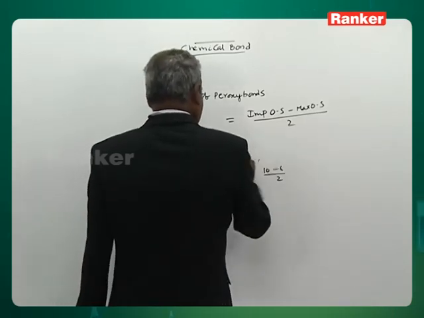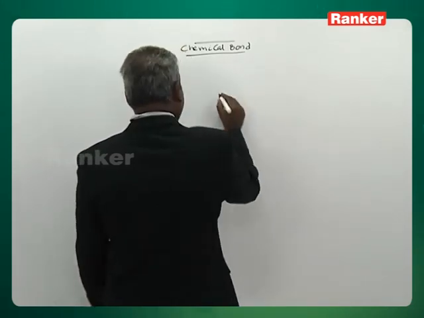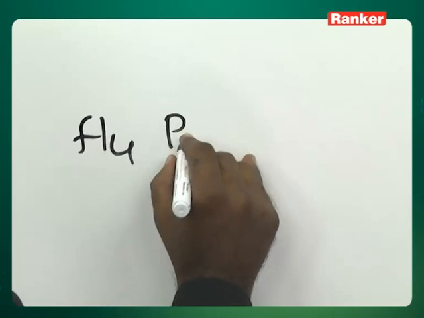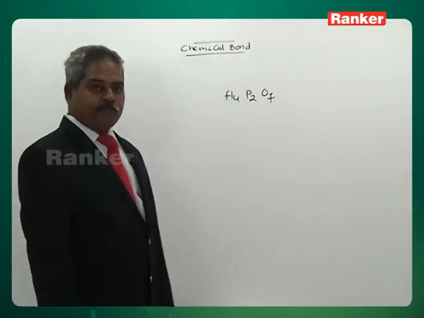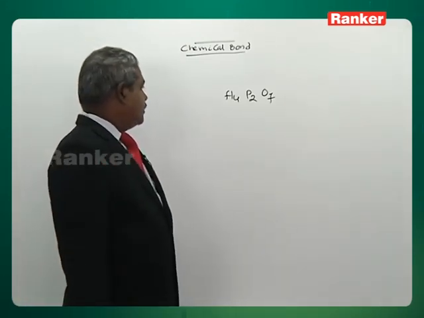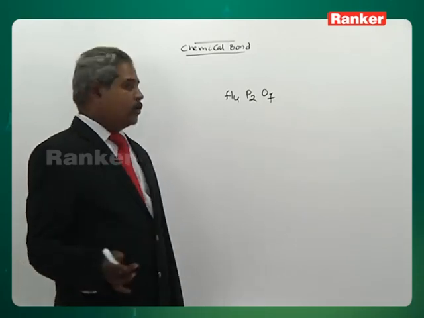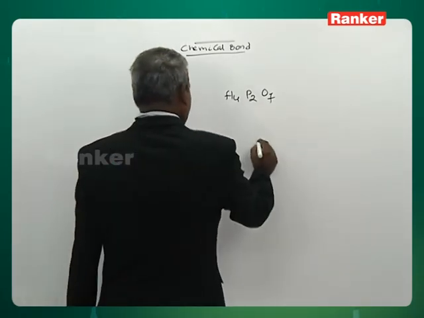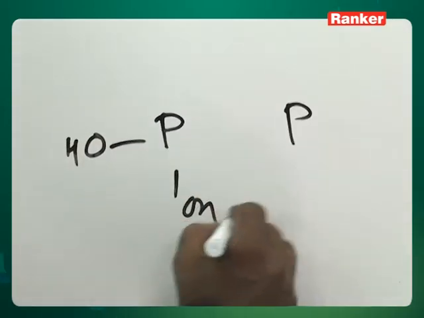Now, H4P2O7. Do you have a peroxy bond in this? In the previous part, we have even discussed how to draw the structure also. I taught you 2 phosphorus atoms, 4 OH groups.